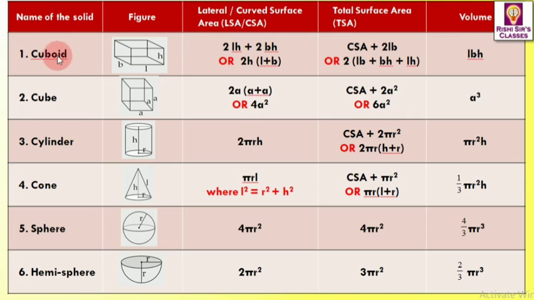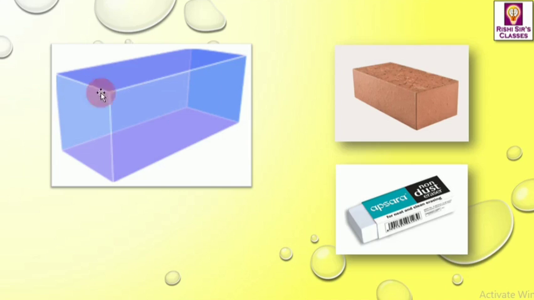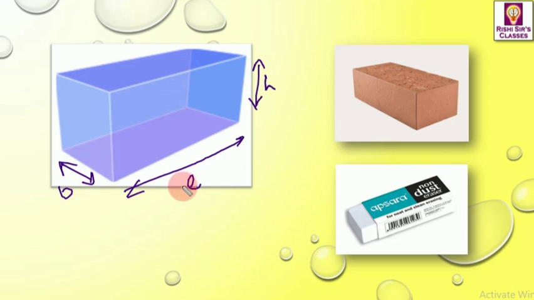So let's have a look at the figure of cuboid first of all. That is the shape of a cuboid. In this cuboid we have the length, the width or we can say breadth, and this is the height of the cuboid.